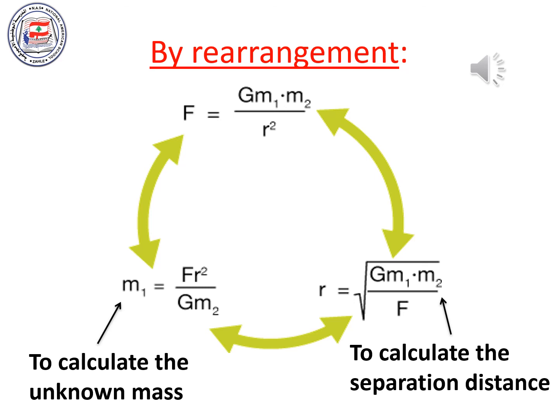So by rearrangement, the unknown mass is equal to F times r squared over G times the known mass. And to know the distance between the two masses, we use the equation that you can see in front of you. R is equal to the radical of G times m1 times m2 over F.